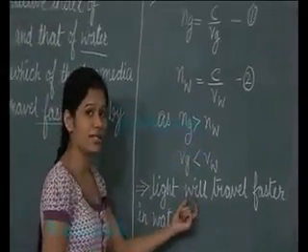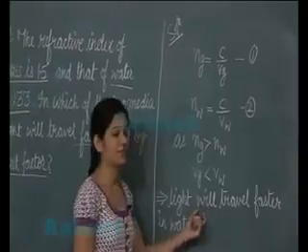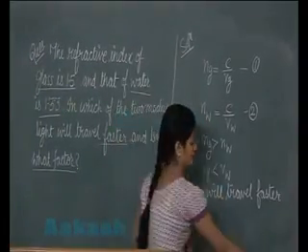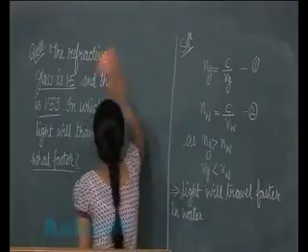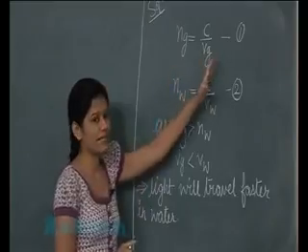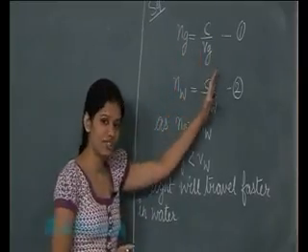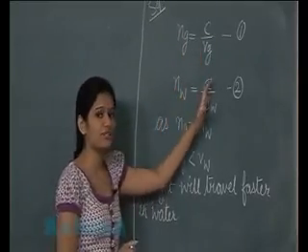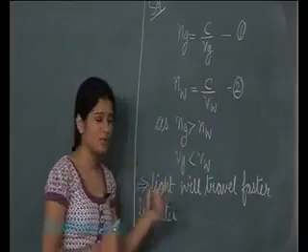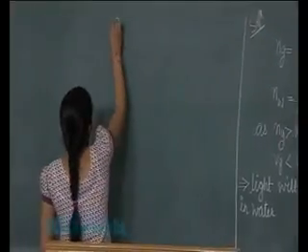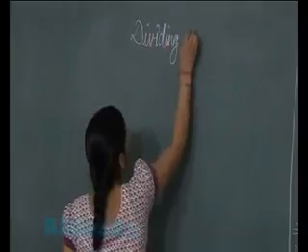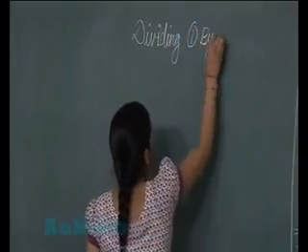Now student, we will find out by what factor the speed of light in water is greater than the speed of light in glass. We have these two equations. Equation 1 says Ng is equal to C by Vg and Nw is equal to C by Vw is our second equation. Now we will divide 1 by 2.